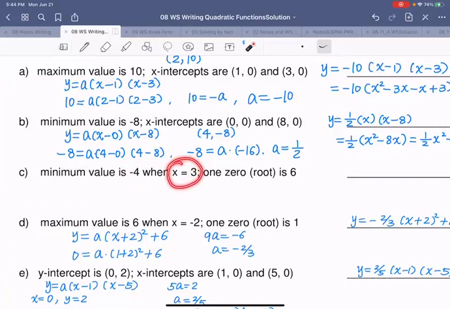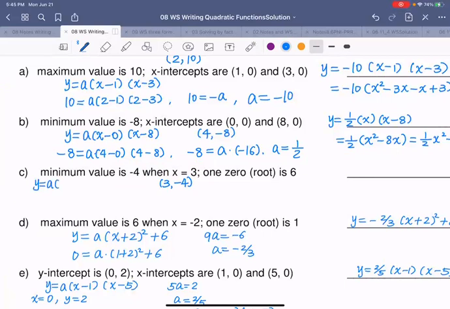At x equals this, that's your minimum value. So your vertex is (3, -4). Yes.